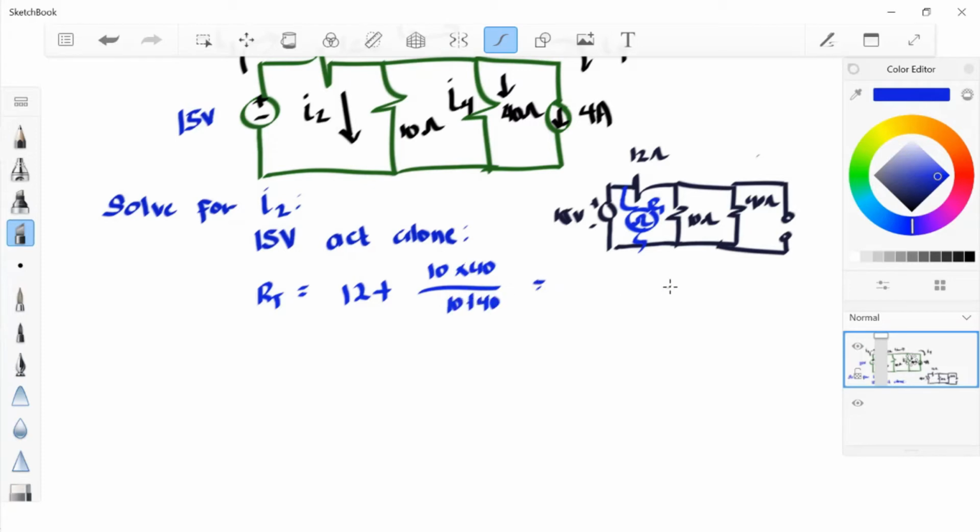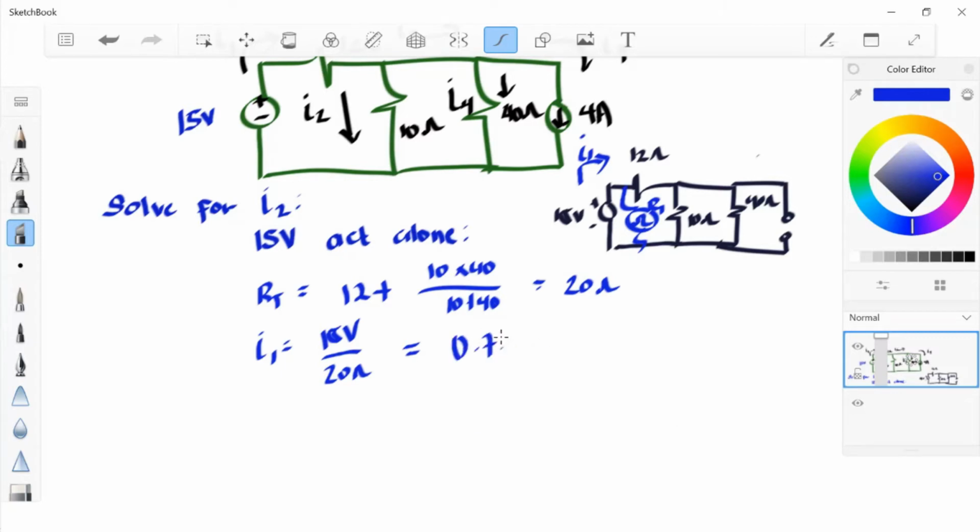We get 20 ohms. Therefore, we can solve for I1, which is the total current. I1 is 15 volts divided by the total resistance of 20 ohms, which equals 0.75 amp.